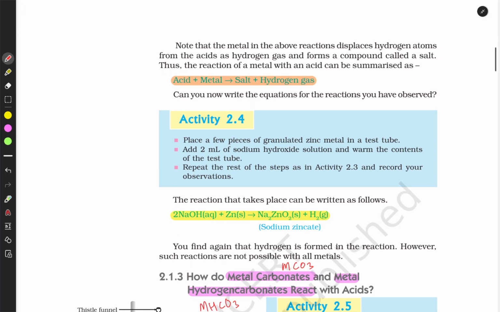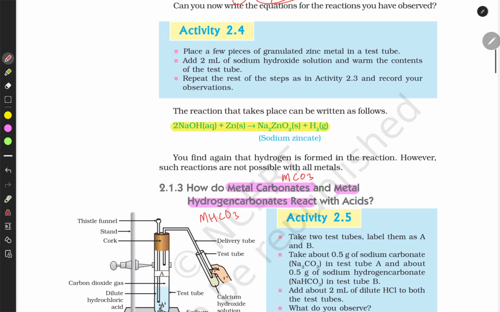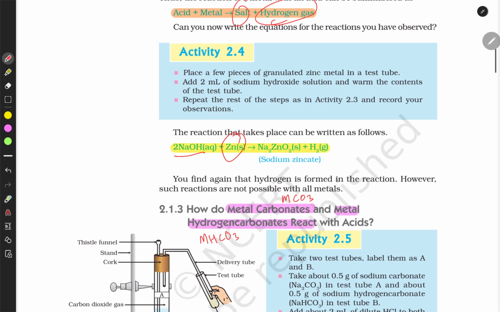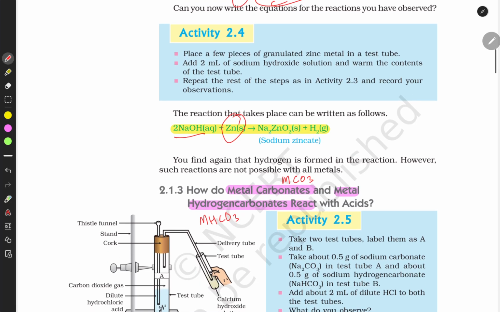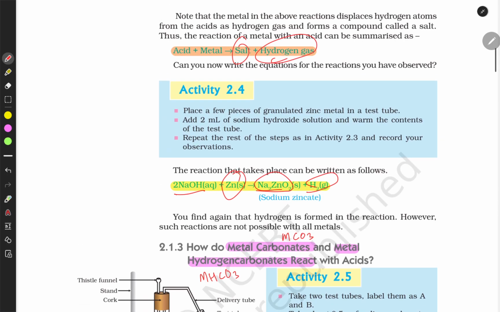Generally, what happens when acids react with metals? When acid reacts with metal, it forms salt and hydrogen gas. Here is an example. This is a metal and this is NaOH, actually a base, and it forms salt and hydrogen gas.